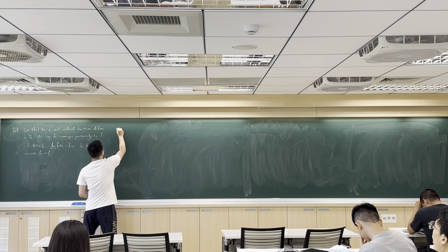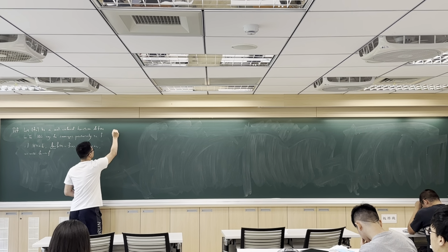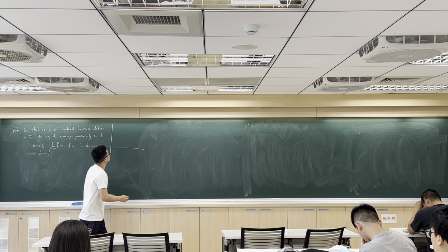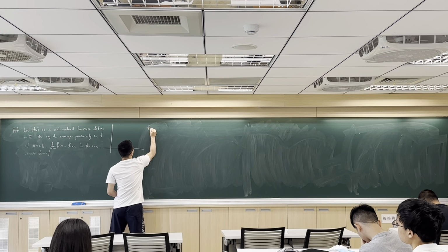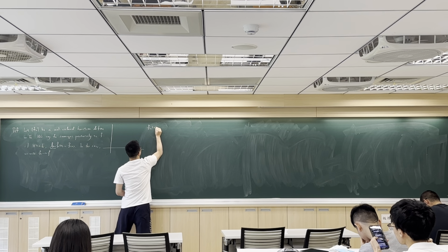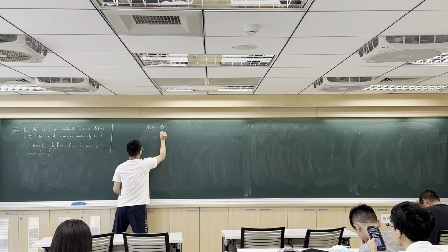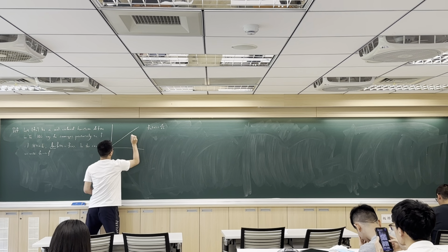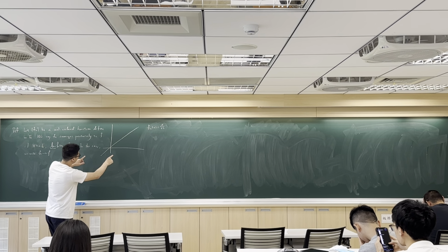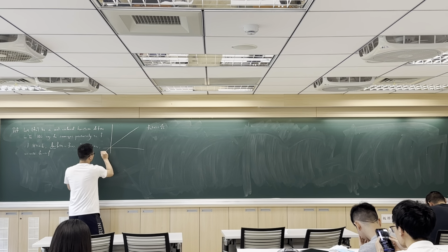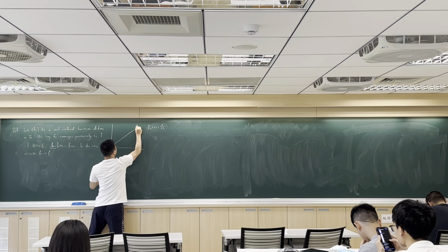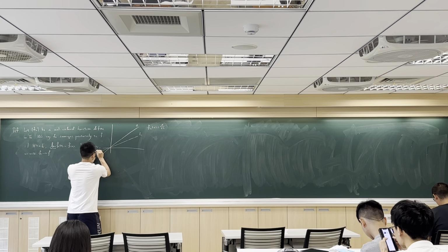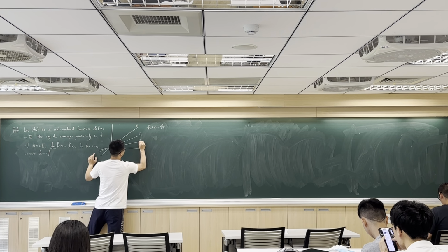Also, let's first give some examples. If Fn(x) equals x over n, then the Fn are lines raised from the 0 point. So this is F1, and this is F2, and F3.